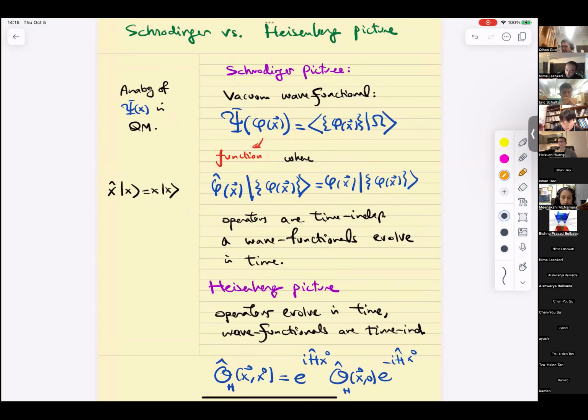The same way that in quantum mechanics, psi of x is the overlap of x with some state psi, we said the analog of ket x in quantum field theory is ket phi of x. So your vacuum wave functional is going to be the overlap of the Fock vacuum with some ket which is labeled by phi of x, a function.